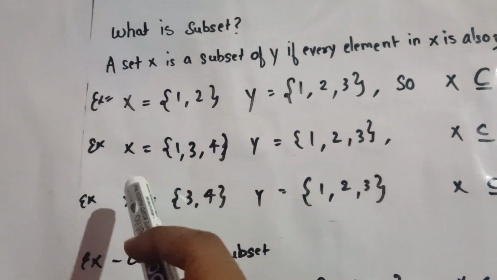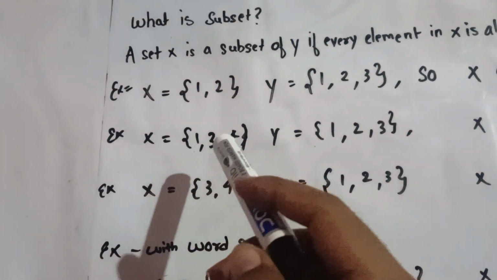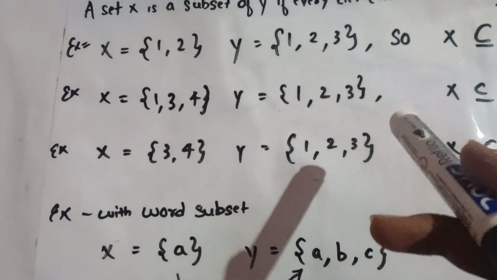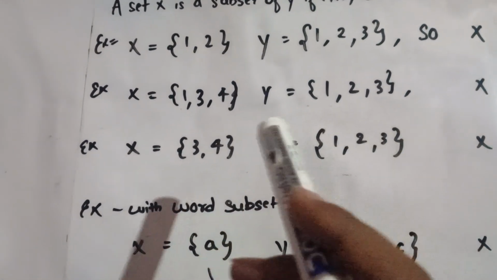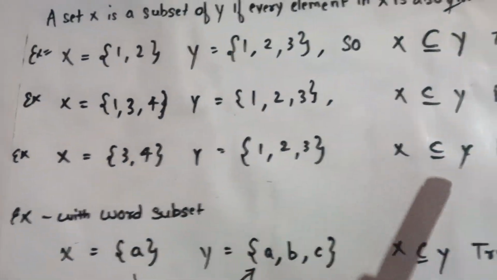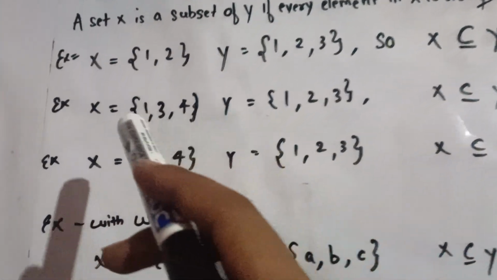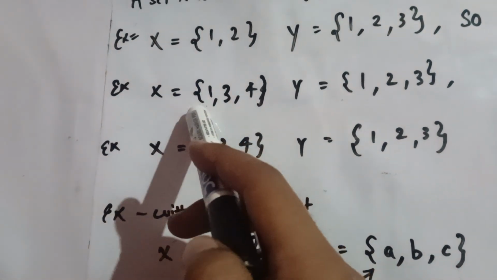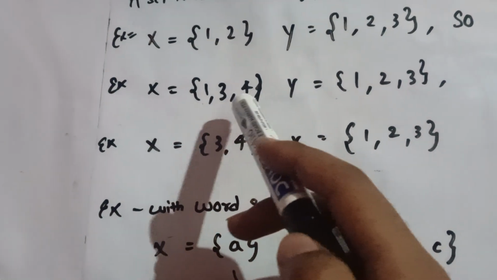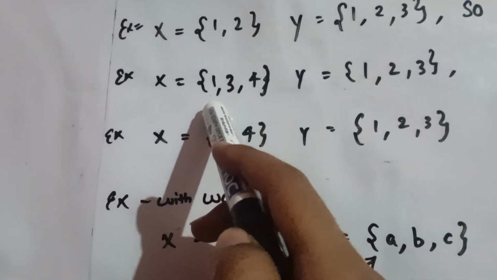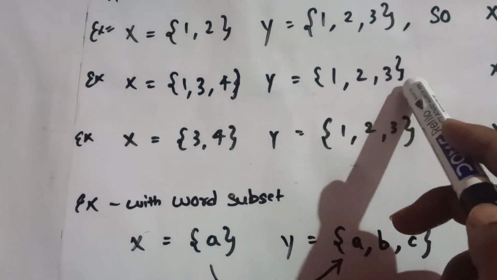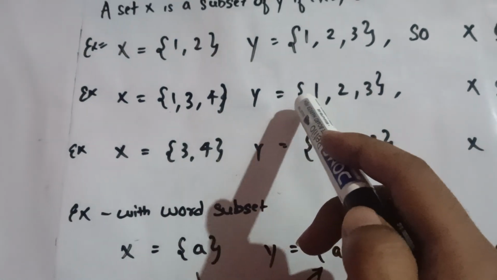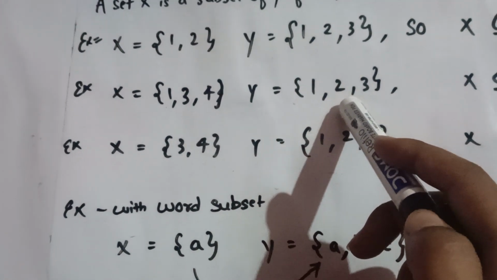Another example, X is 1, 3, 4. This is the set of X. Here we have 1, 2, 3 as usual. Why is this not a subset of Y? X is not a subset of Y because in 1, 3, 4, here we have 1, here we have 1, here we have 3, here we have 3, but we have 4, and Y does not have 4.